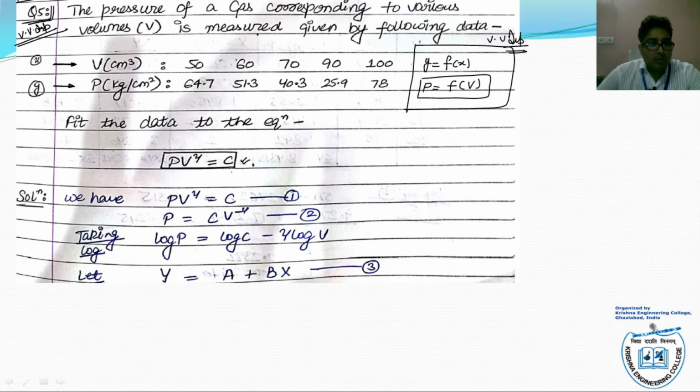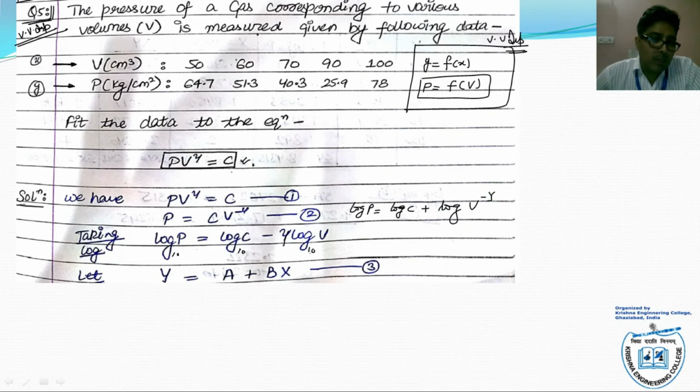Take the log on both sides. Log P is equal to log C by the property of the log, V to the power gamma.